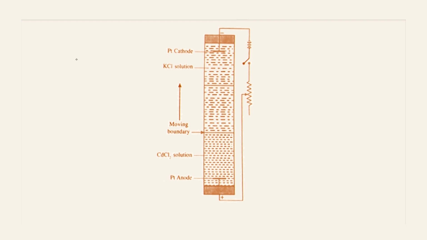One is known as the principal electrolyte. Why is it called the principal electrolyte? This is the electrolyte from which we are going to measure the ionic mobility. And you can have a secondary electrolyte, also known as the indicator electrolyte.